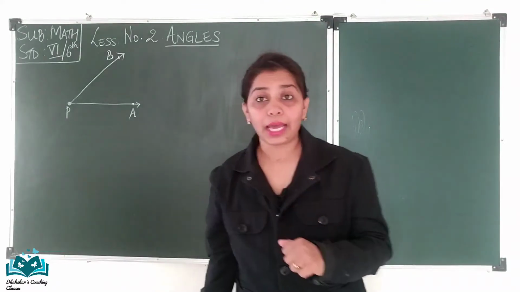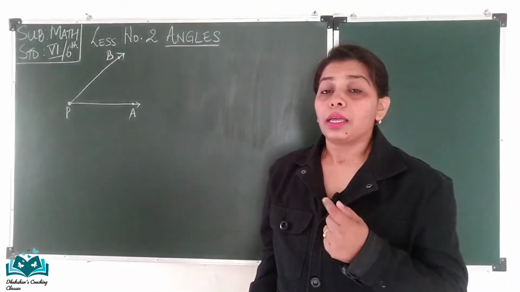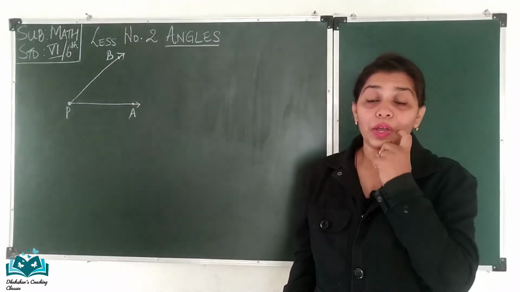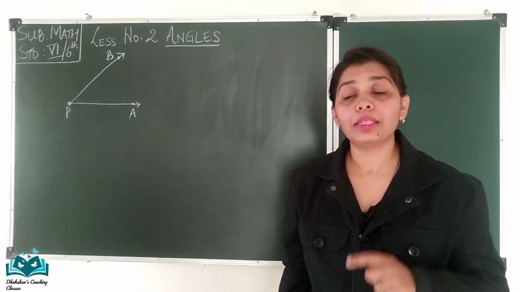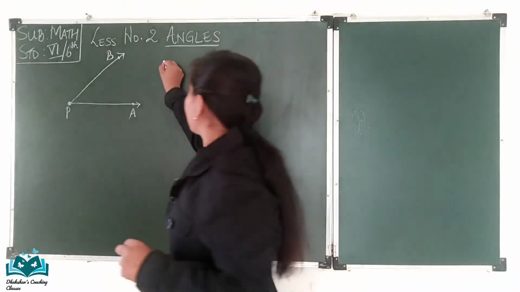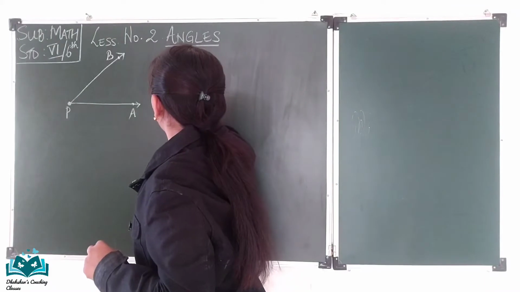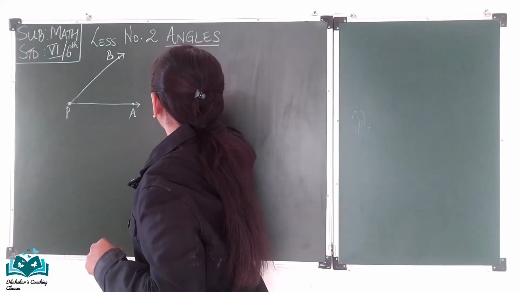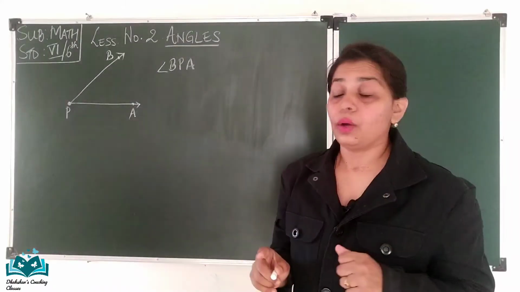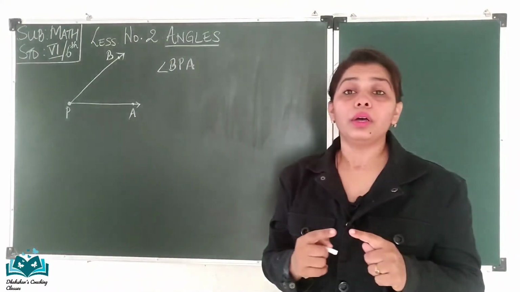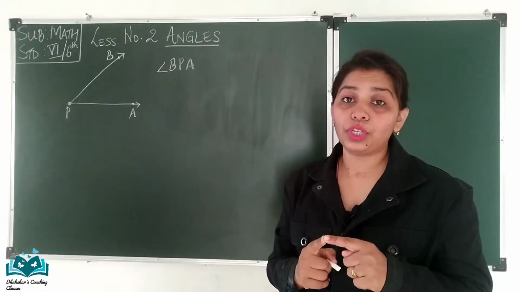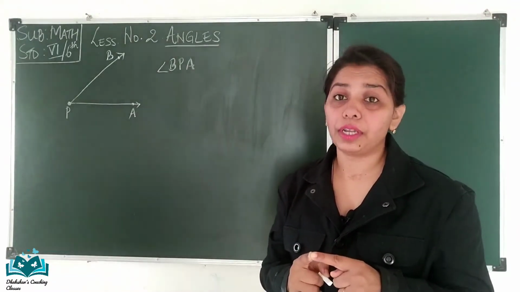So an angle can be drawn of different measures. There are different types of angles as well. We will read this angle as angle BPA. P is the origin from where these two lines originate in different directions.